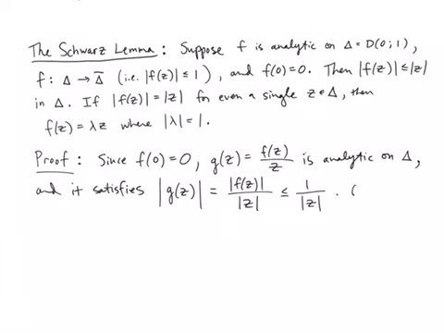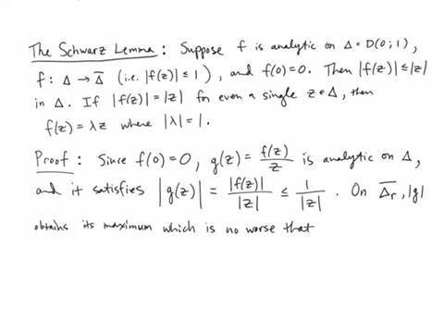So we say on the closed disk of radius r, the norm of g obtains its maximum, which is no worse than 1 over r from the preceding inequality.